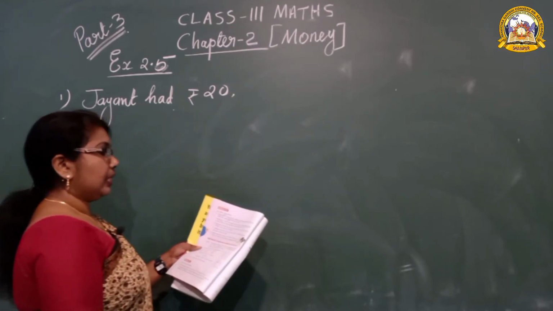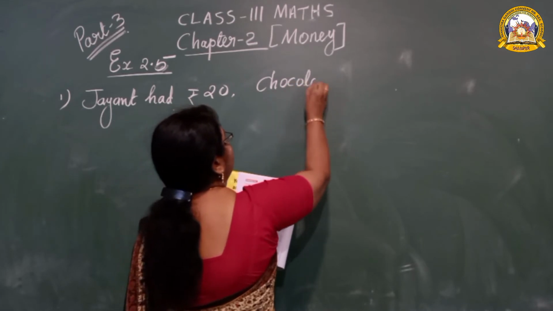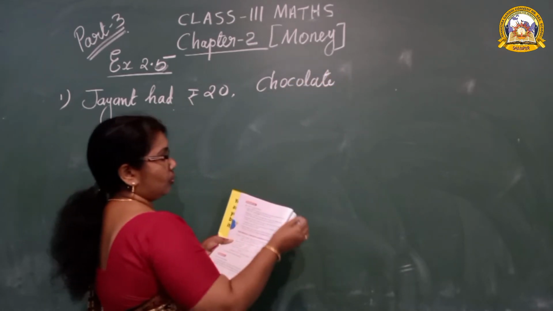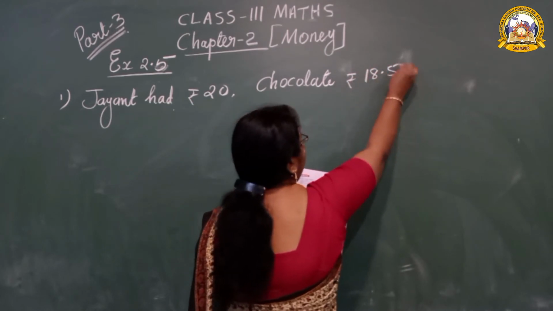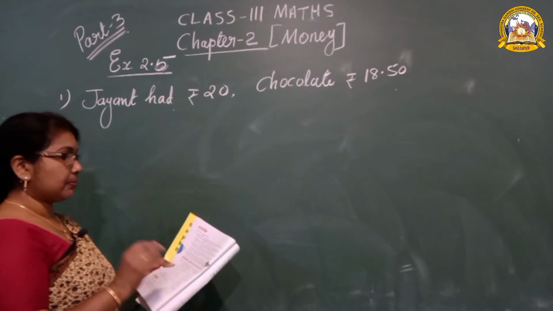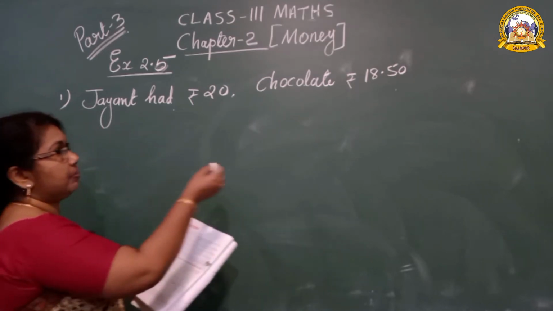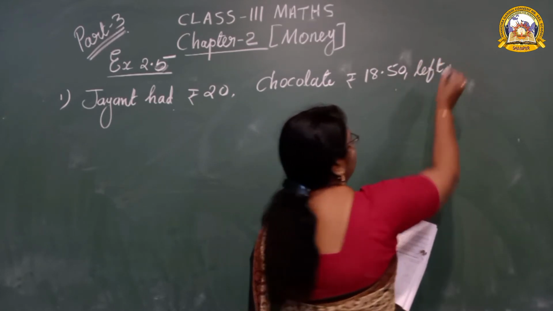He bought a chocolate. The chocolate cost rupees 18.50. And how much money is left with him?